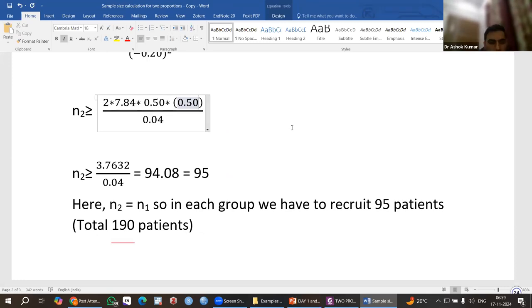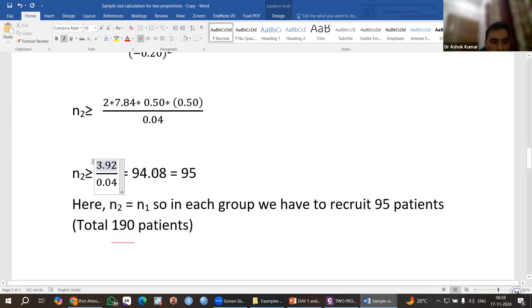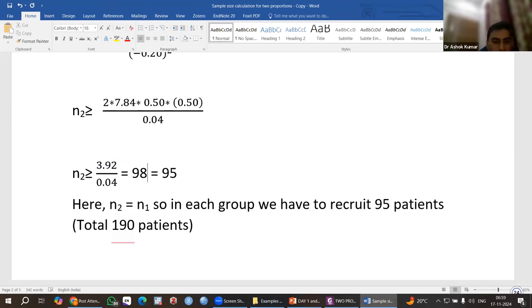I have to multiply 2 by 7.84 by 0.5 by 0.5. So it is coming 3.92. Then divided by 0.04. So it is coming exactly 98.